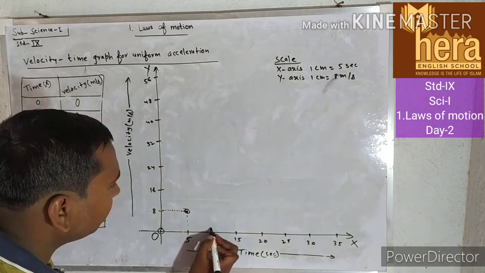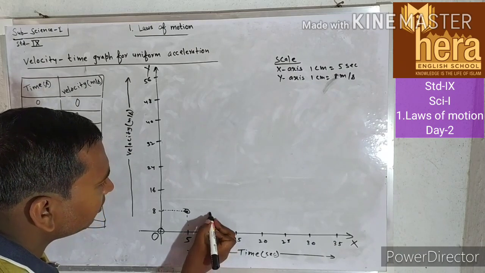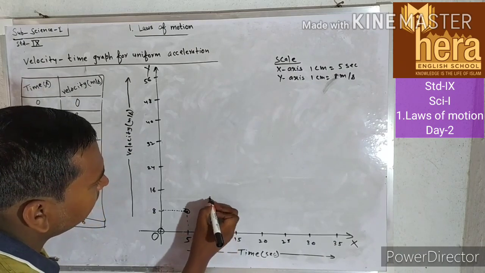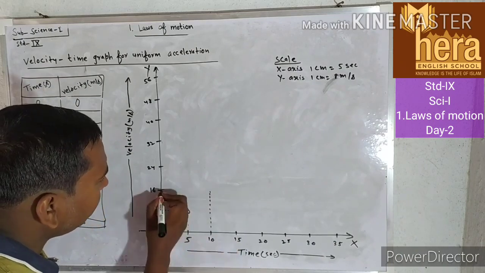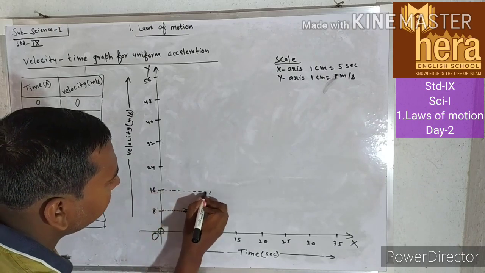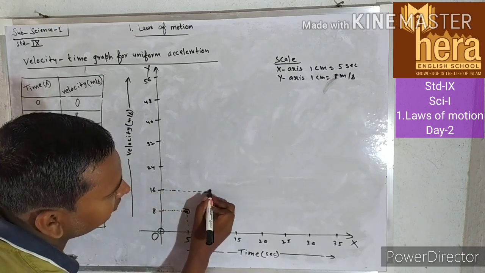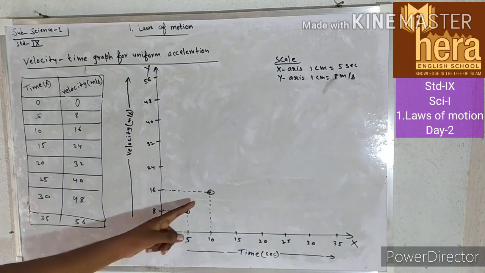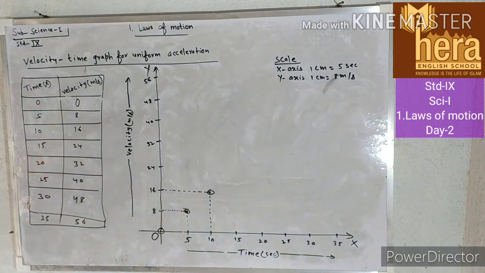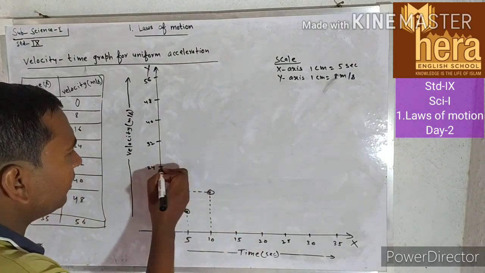Draw the perpendicular line from 10 and 16. The intersection point will be your required point. 15 seconds, 24.